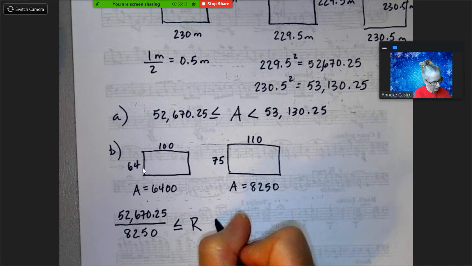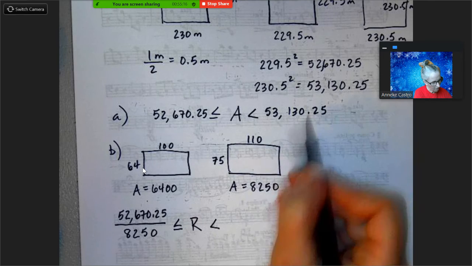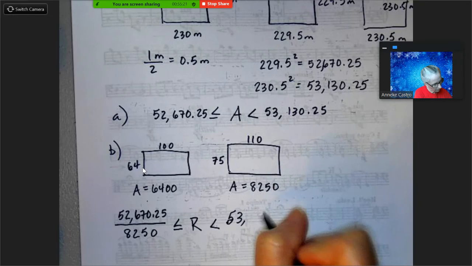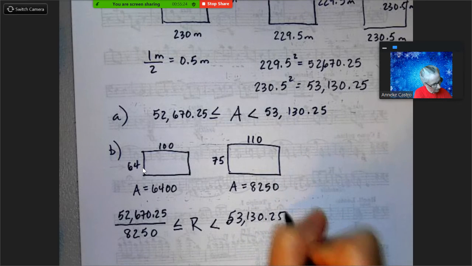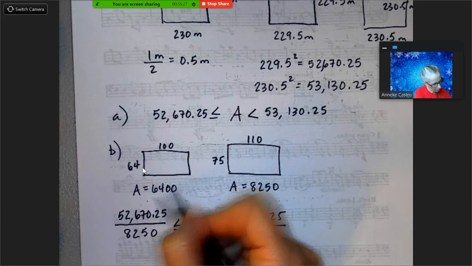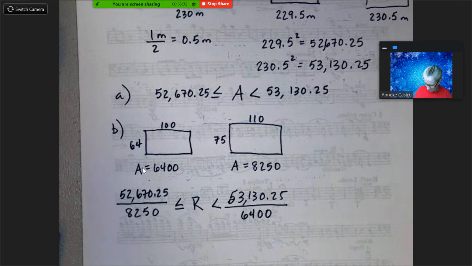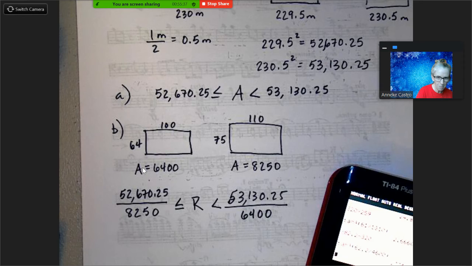And the biggest number of pitches is going to be taking the largest possible area of the pyramid, 53,130.25, and divide it by the smallest football pitches I can make, which are 6,400. Let me do this on my calculator because I rounded off my answers to the nearest pitch, because the book said as a number of complete pitches. I was thinking they didn't want a decimal, but if you look in the back of the book, they asked for a decimal. So, go figure.